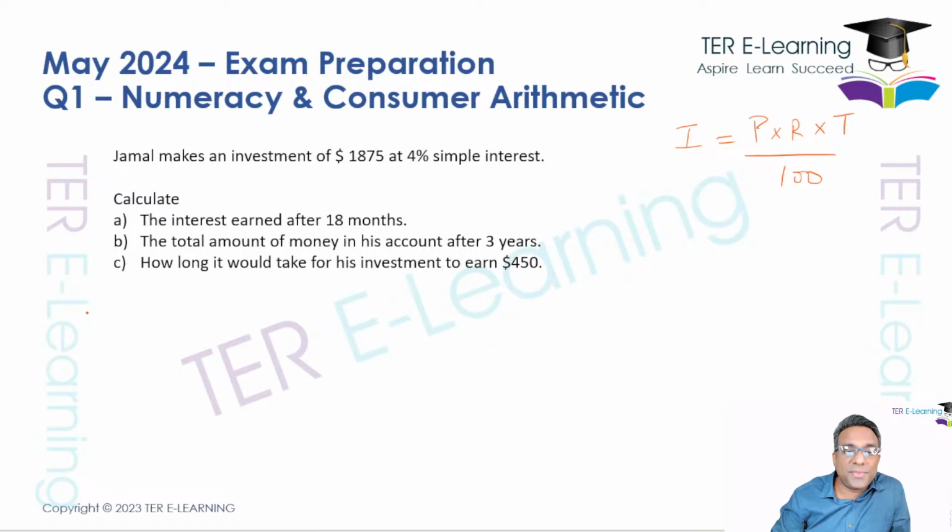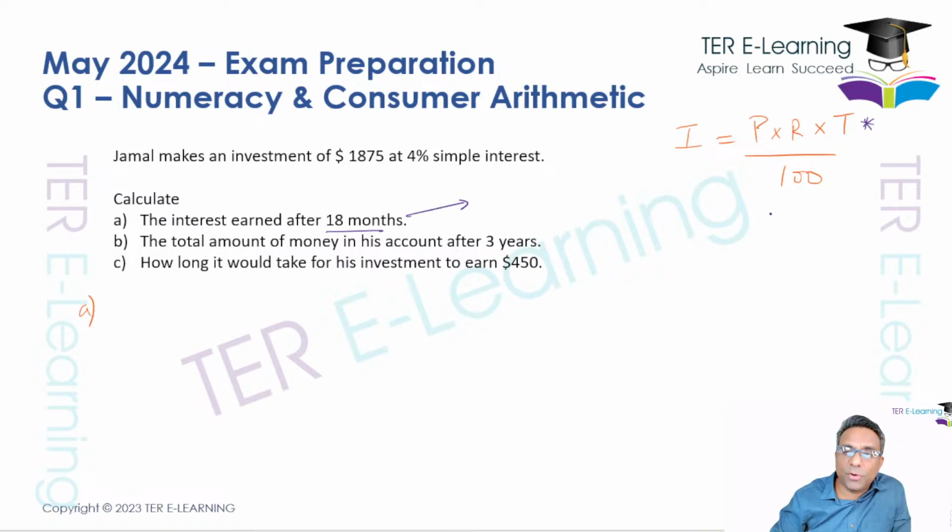So now, the first part, part A, we want to calculate the interest earned after 18 months. Now, this is a trick question because when you're using the simple interest formula, this time here has to be in years. But if you notice something here, they gave me this in months. Now, 18 months.